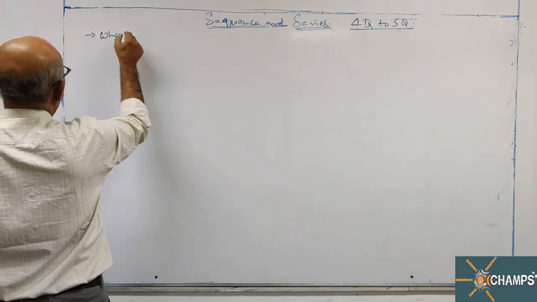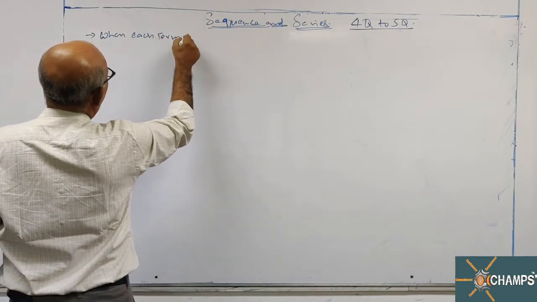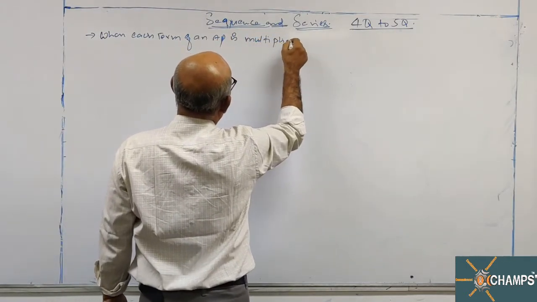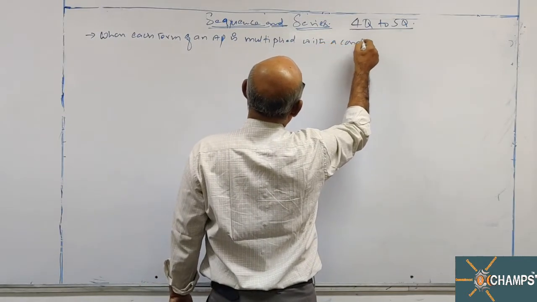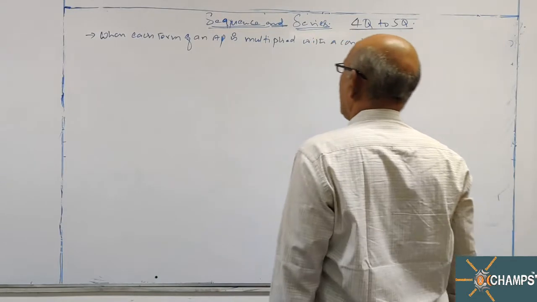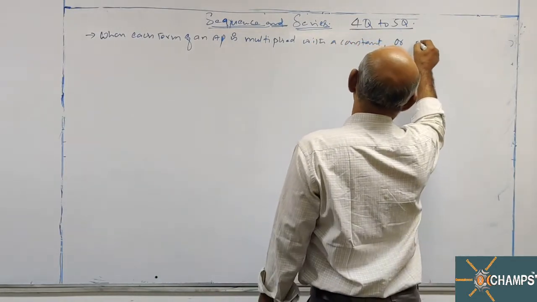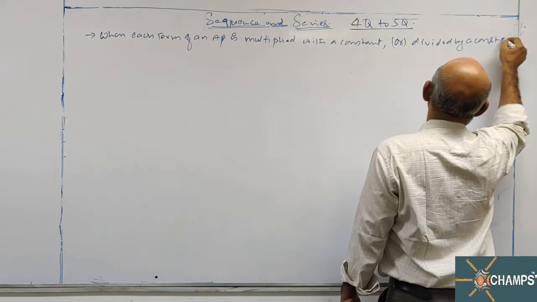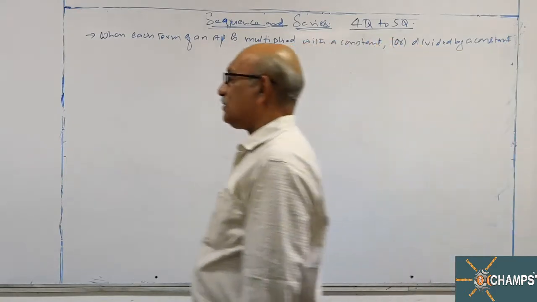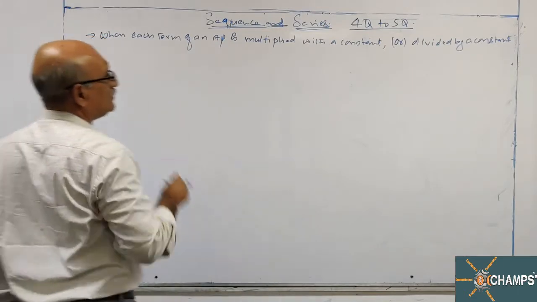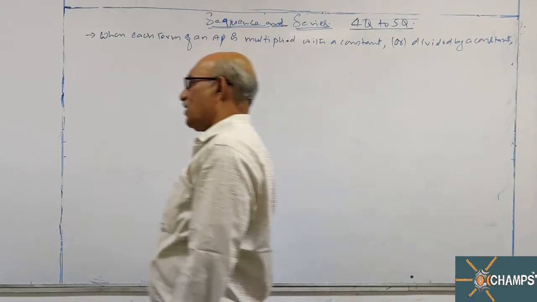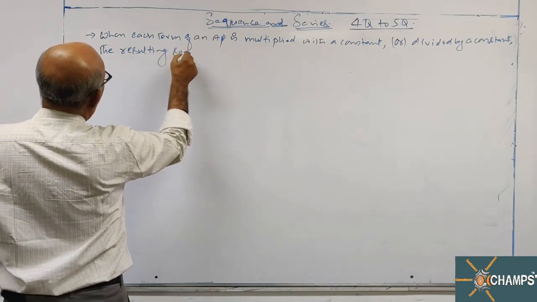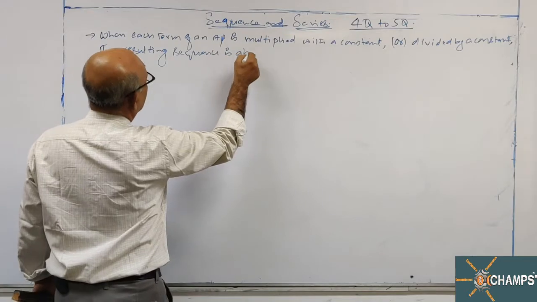When each term of an AP is multiplied with a constant or divided by a constant, the resulting sequence is also in AP.